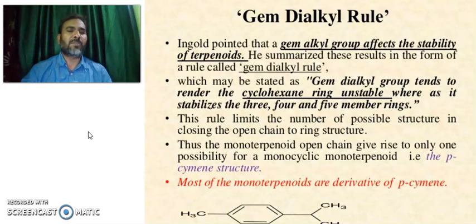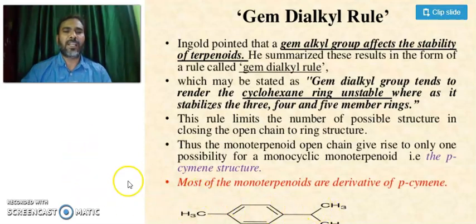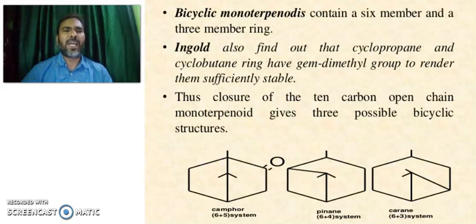You know the paracymene structure: benzene containing an isopropyl and, in the para position, a CH3 group. You can see here, this is the paracymene. Most of the monoterpenoids are derivatives of paracymene. My friend, bicyclic monoterpenoids contain a 6-member and a 3-member ring.